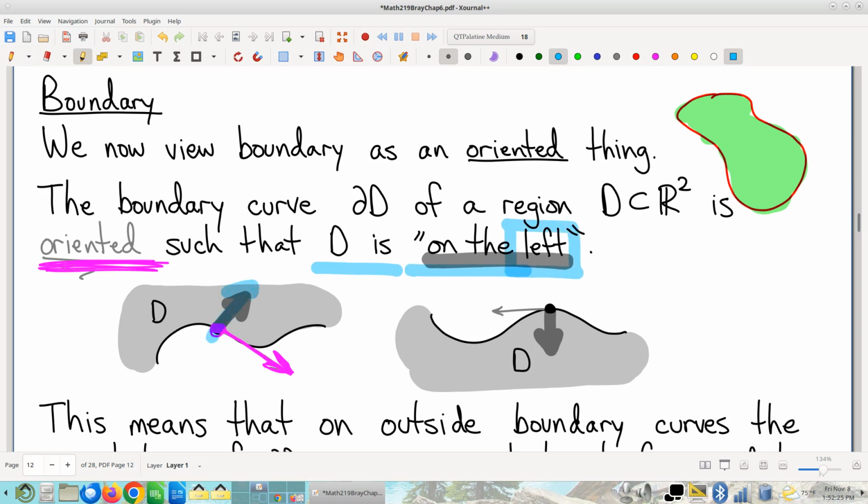And notice that's the case here, right? If you imagine yourself walking along this boundary curve, at this point, you have to go that way to have the region actually be on your left. Everybody see that? If I were going the other way, if I were walking this way, the region would be on my right. And that doesn't obey the convention. The convention is region on your left.